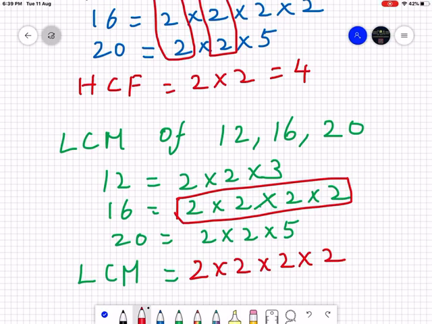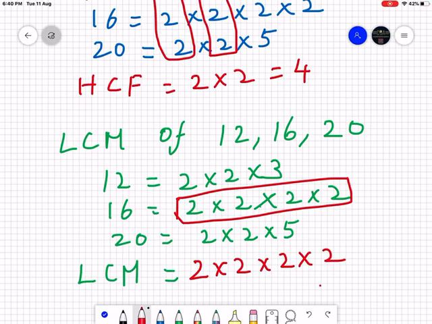And now the 2's are done. The job of 2 is over. Now we are left with the leftover factors 3 and 5. For HCF, you did not worry about the leftover factors. You took only the common factor, and only as many times as it occurred commonly. But here, even though 2 occurred 2 times in 16 and 2 times in 20, because it occurred 4 times in 16, you have to consider it 4 times.